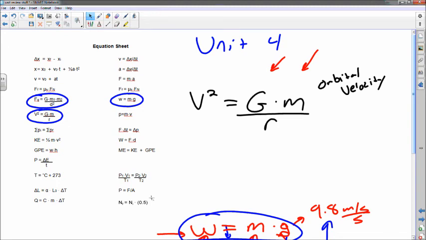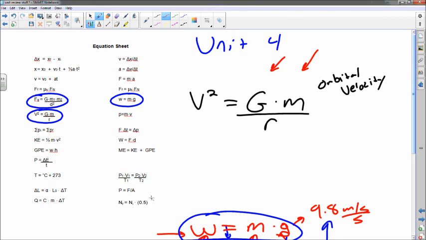I've seen people try to use this to find the velocity of a car driving down the road, and it doesn't make any sense. You need to know what the equations are for and where they can be used. The only place that this equation can be used is for finding how fast an object has to go to stay in orbit around a planet or a moon or something like that.